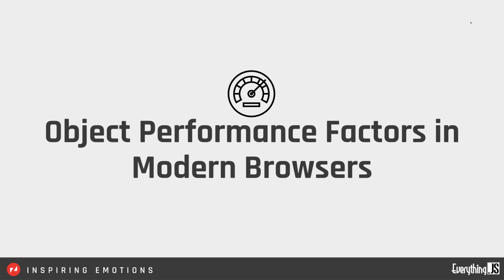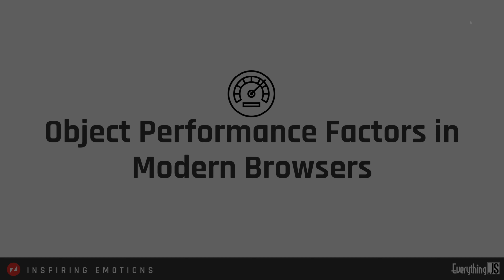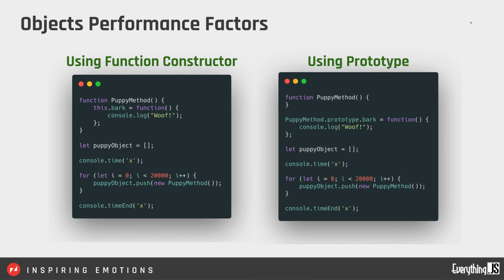So how about the object performance factors? This is something that Johan has told previously. We have created a function using a function constructor, and we have used a prototype. In the first function we have a method called puppy method, which contains a property called bark, and it will console log a value onto the console.